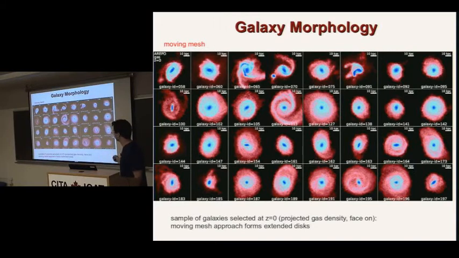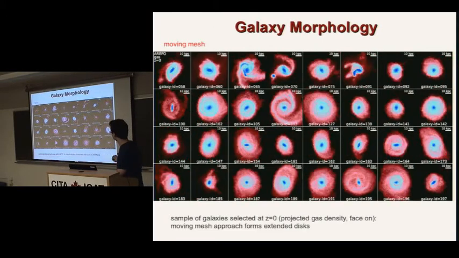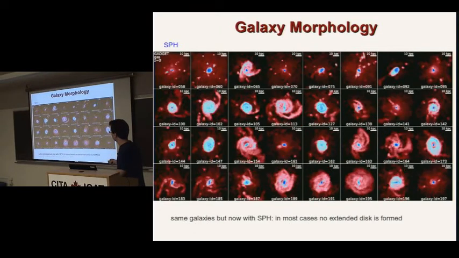These are selected galaxies at redshift 0 in these simulations, all taken from the moving mesh calculations for Arepo. Now you can match these galaxies with the SPH galaxies, and then you get something like that. You can see that there are some cases where it looks not too bad in SPH, for example in this case, and also in this case.